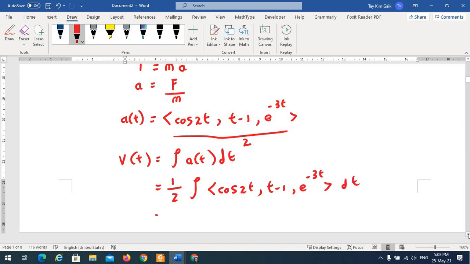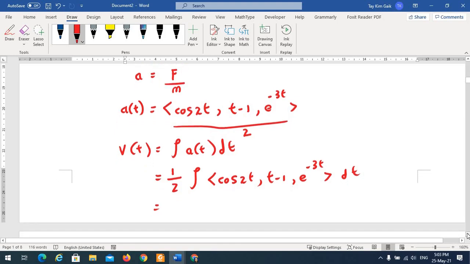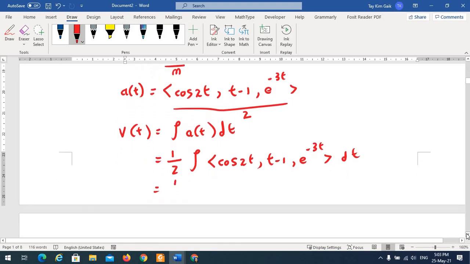When you integrate a vector, the result is still a vector, so you just integrate each component as usual.